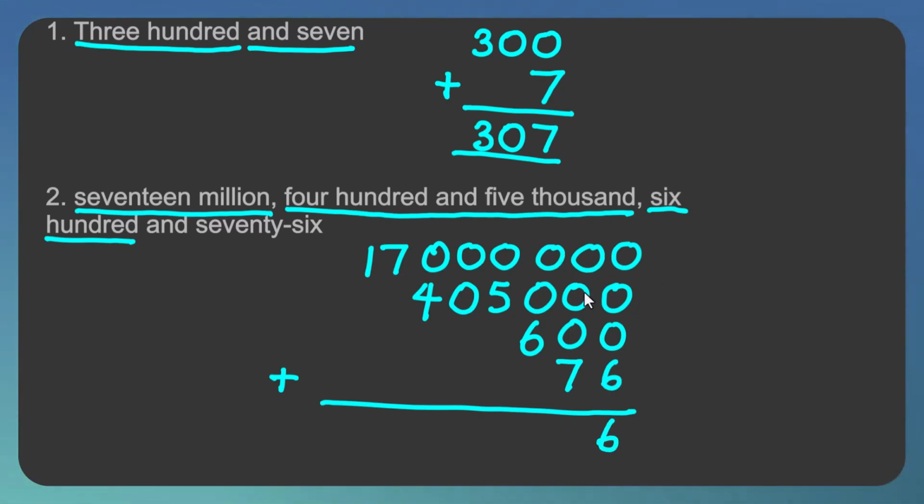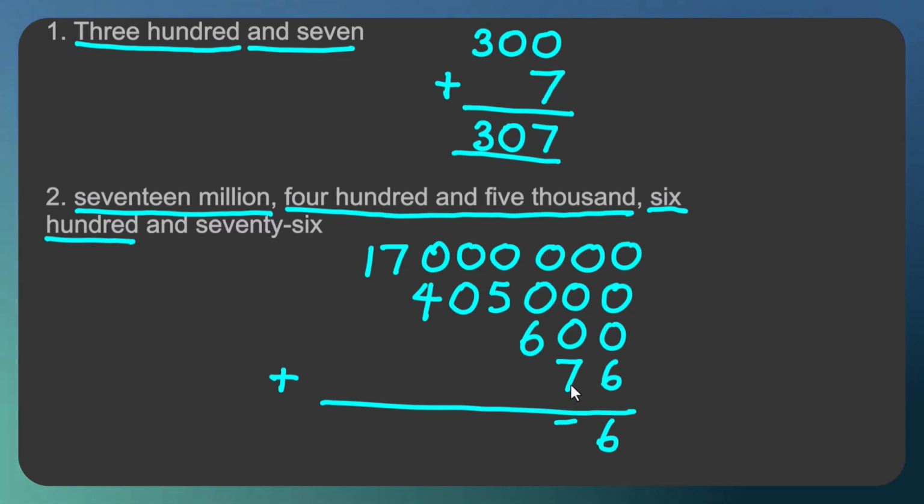Next we have 0 plus 0 plus 0 plus 7 for our tens, and that gives you 7. 0 plus 0 plus 6 gives you 6 as your 100, and 0 plus 5 gives you 5 as your 1000 place value.